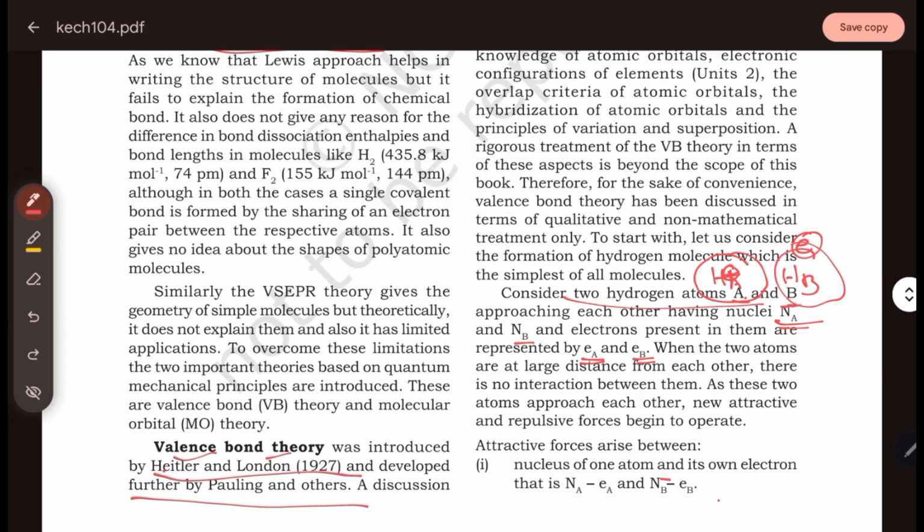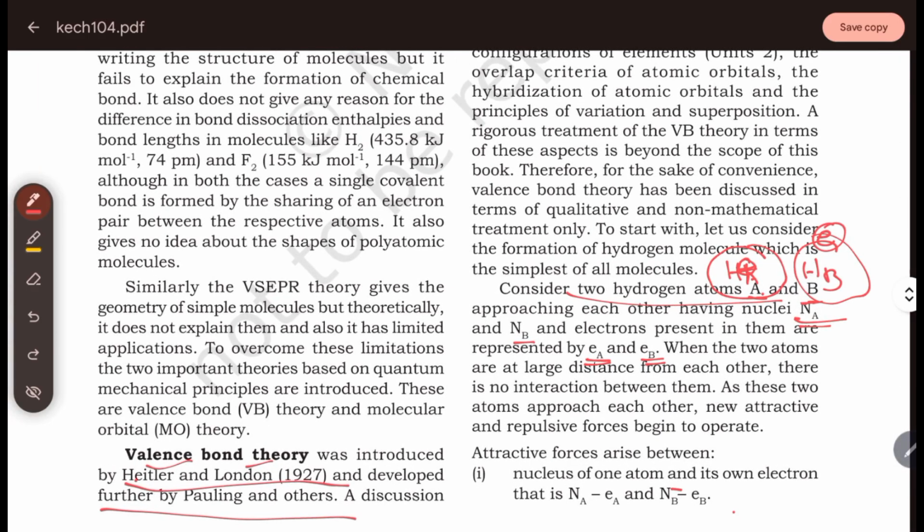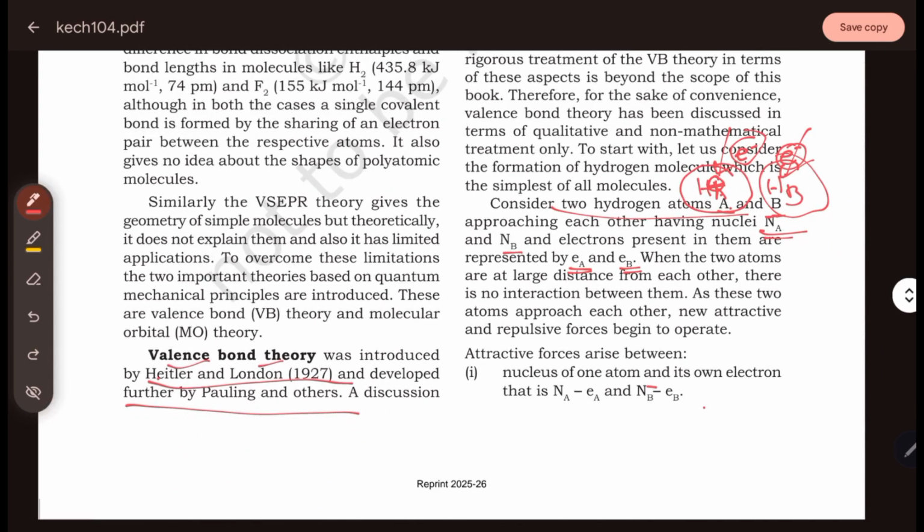So there occurs attractive interaction as well as repulsive interaction. Why repulsive interaction? Because when two hydrogen atoms are approaching, the nucleus of one will experience a repulsion from the nucleus of the other if they come too close. Then the electron cloud of one will experience a repulsive interaction with the electron cloud of the other if it comes too close. So actually there are two types of interaction.